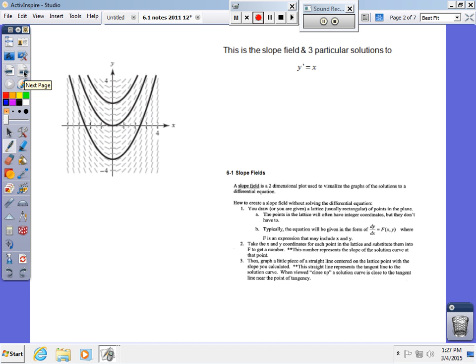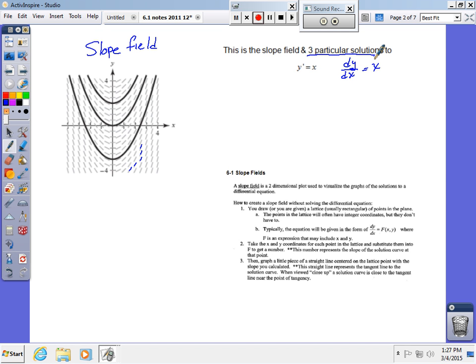Okay, so here's our differential equation, y prime is equal to x, which is really dy/dx equal to x. What this slope field over here represents is all these small dashed lines are slopes to the original function at that point, and these solid lines are just certain particular solutions. So the slope field to the left gives you 3 particular solutions to this differential equation.